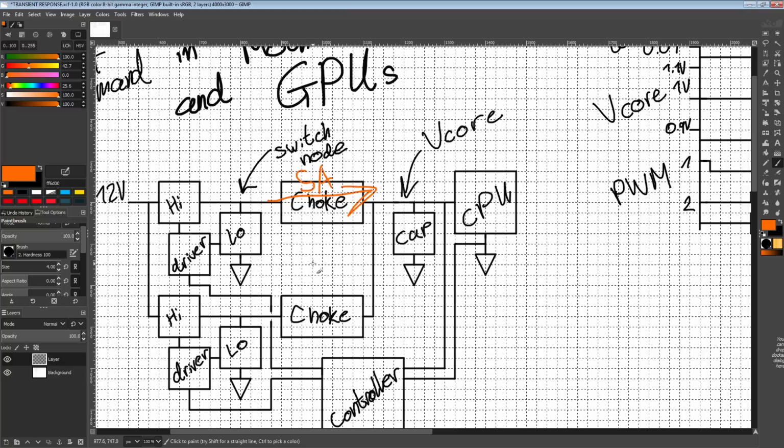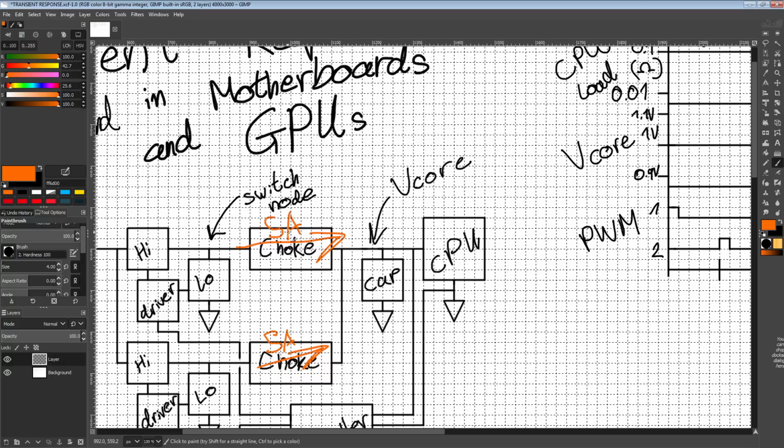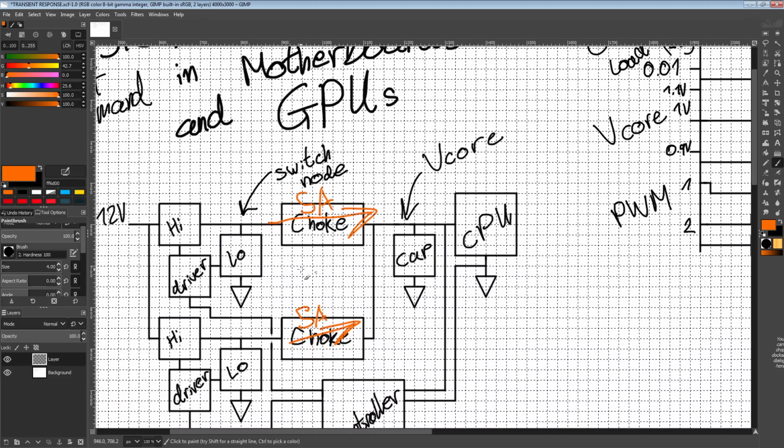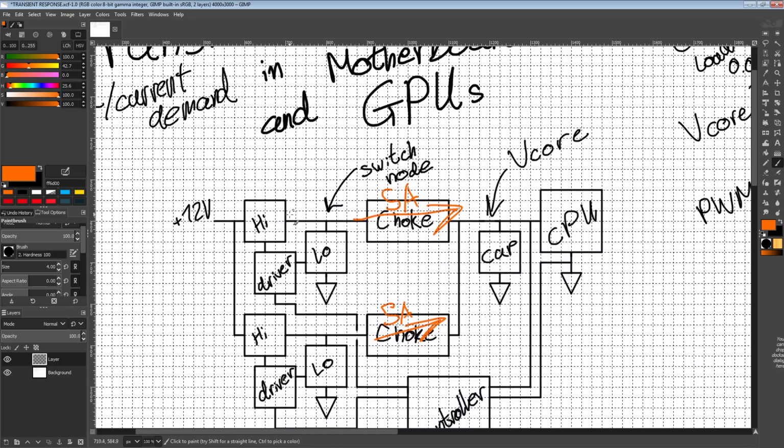It's not actually going to be 5 amps, but just for simplicity's sake, 5 amps. In reality, this would be a falling amount of current, and then a rising amount of current when the high side turns on again, but that's details.